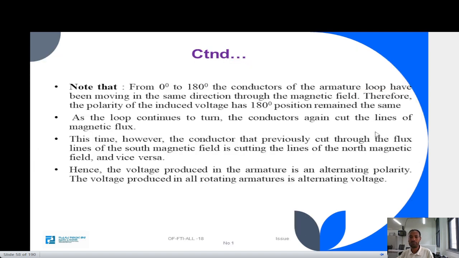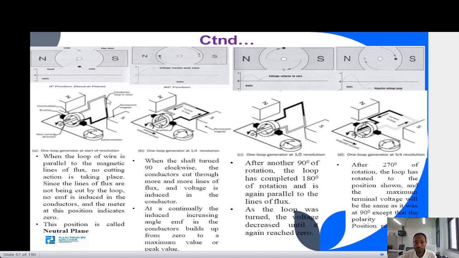Maximum voltage. So now note here, when the conductor moves from 0 degrees to 180 degrees, the conductor is existing in the same pole. In this case, the black side was under the south pole, and in this case also it is under the south pole, so the direction is not going to change.